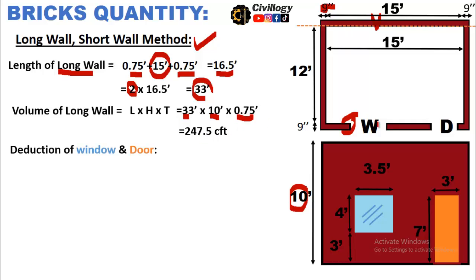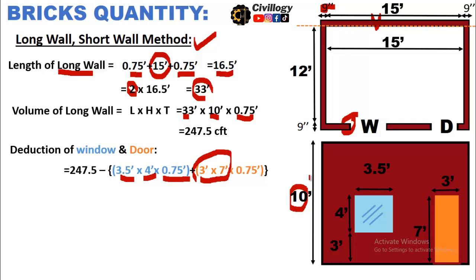As we can see over here, the windows and doors lie within the long wall, so this volume has to be deducted. So deduction of window and door: as the total volume of the long wall is 247.5 cubic feet, the size of the window is 3.5 feet by 4 feet, and the thickness of the wall. Similarly, the deduction for the door will be the dimensions of the door.